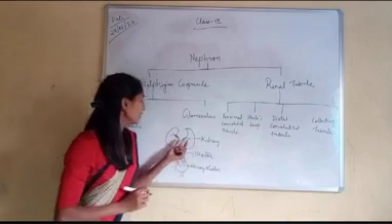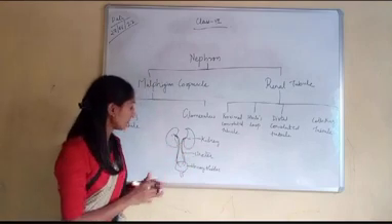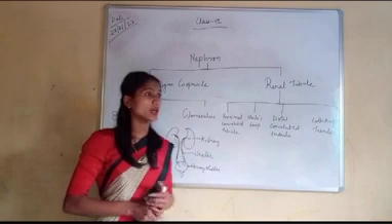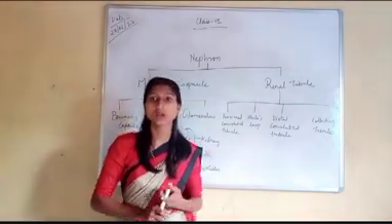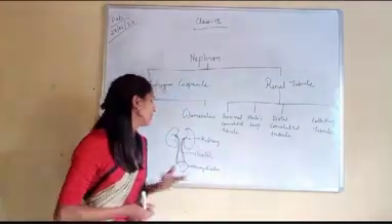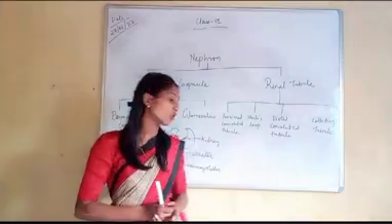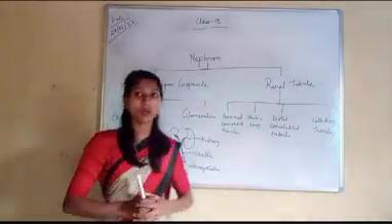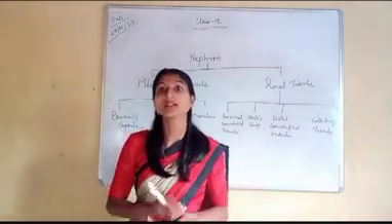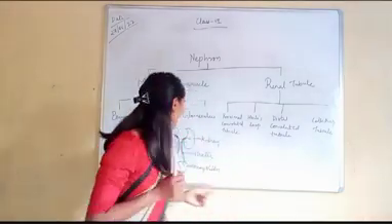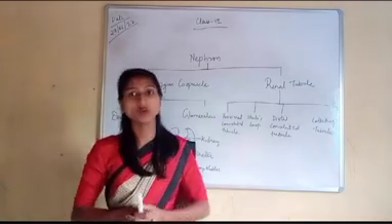So from the ureter, what happens? The waste products, which consist of urea, uric acid and all, get collected in the urinary bladder. When the urinary bladder becomes full of the waste products, it is expelled out from the urethra in the form of urine.